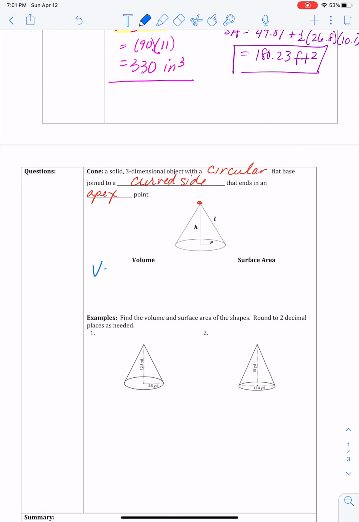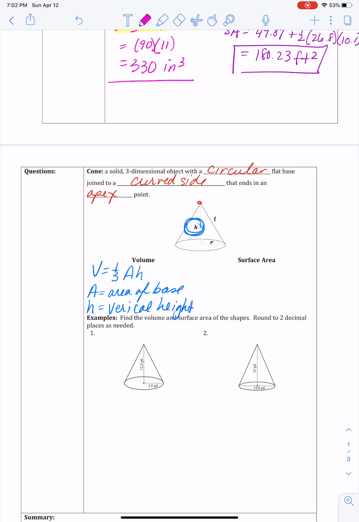Volume of a cone, standard formula, 1/3 AH. You'll notice that's the same as the formula for a pyramid, where A is the area of the base and H is the vertical height. Again, notice which one that is so that we don't get confused, because we're going to use the slant height for the other formula.